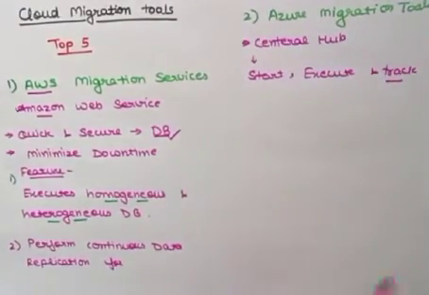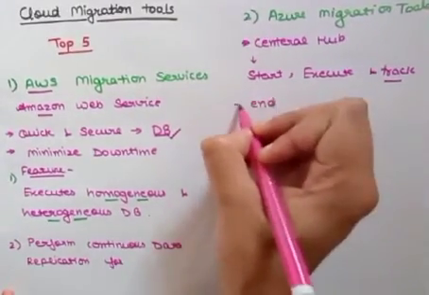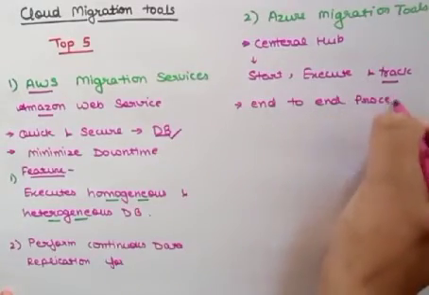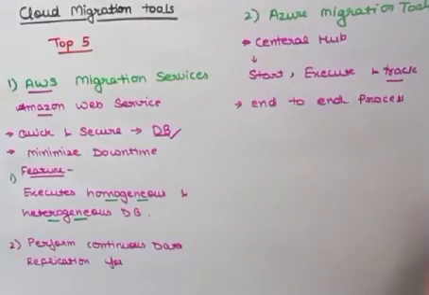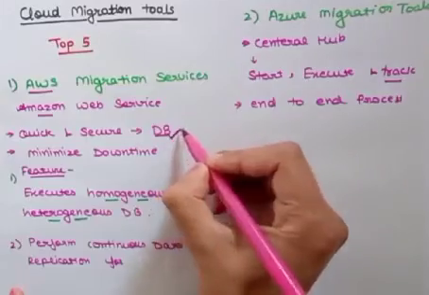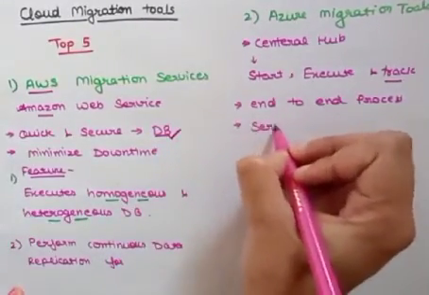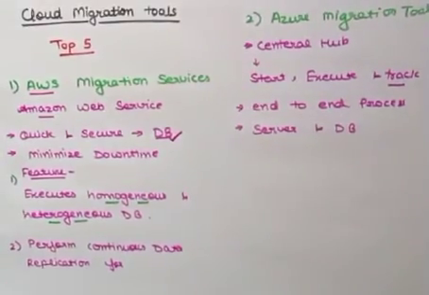So Azure migration tools utilizes end-to-end process tracking for your database and server migration. With the help of some tools we can only migrate the database, but with the help of this tool we can migrate any server and any size of database.